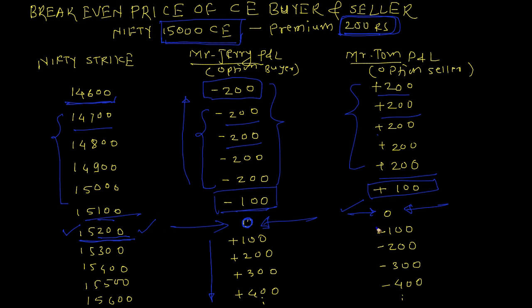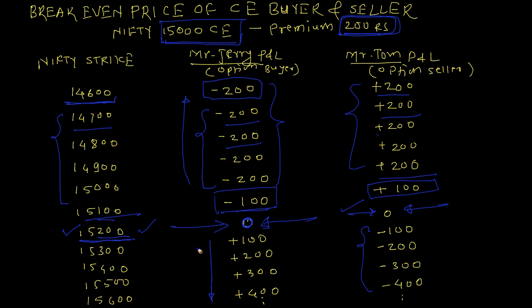Again, as the Nifty price rises above, Mr. Tom is going to incur heavy losses, right? So this is a call option in which, when the market rises, the call option seller incurs heavy losses, whereas the option buyer makes unlimited profits, right?